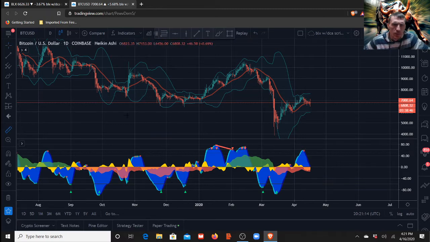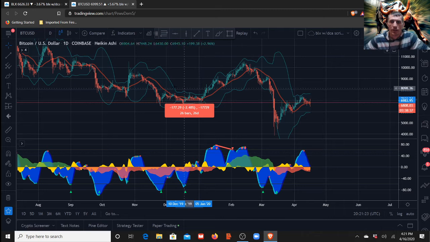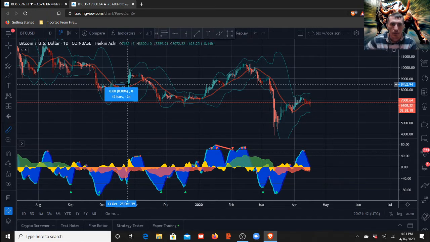Let's see if this measurement will tell us how many days. So this little area here was a 26-day squeeze where price action and volatility was low. And it's like that almost every time we squeeze. It's usually a week or so on the daily when it does that.